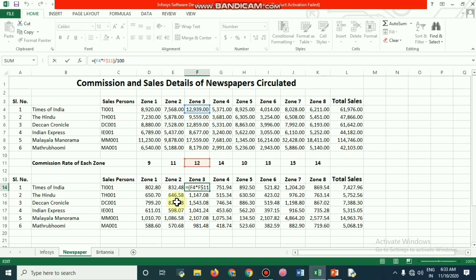So the changes won't come up when you copy the formula, wherever it may be, you could see the difference.